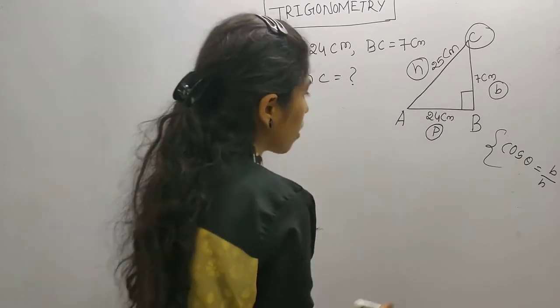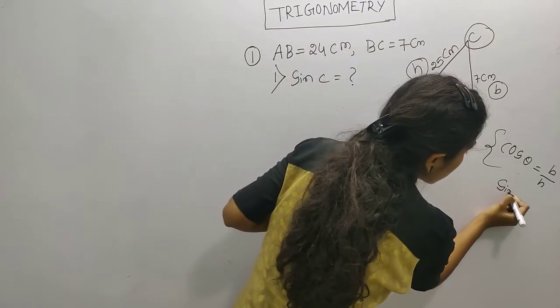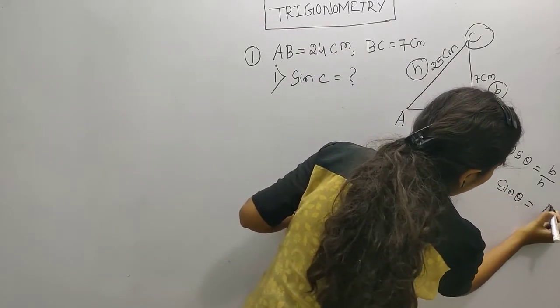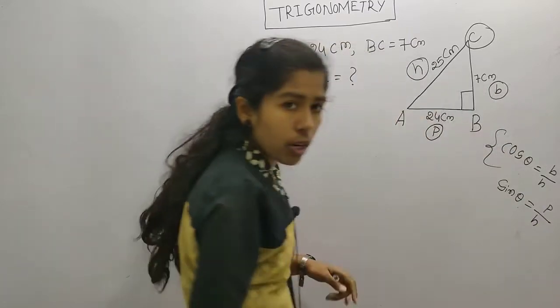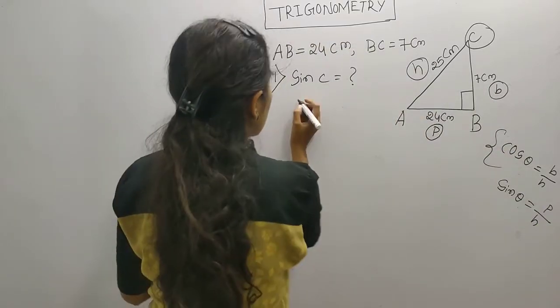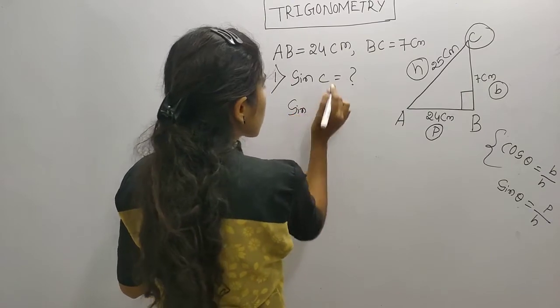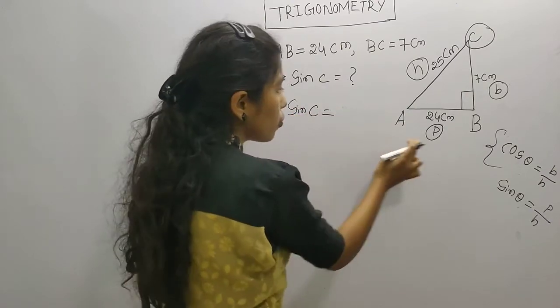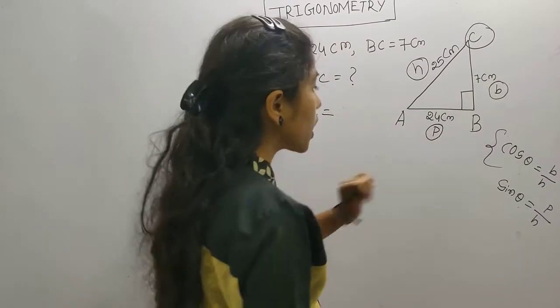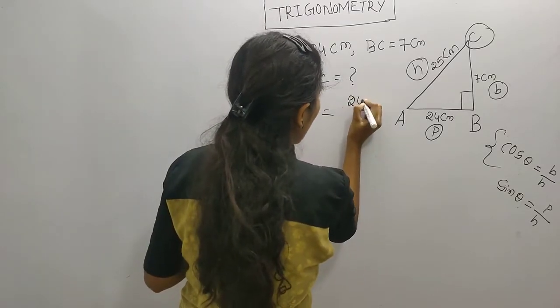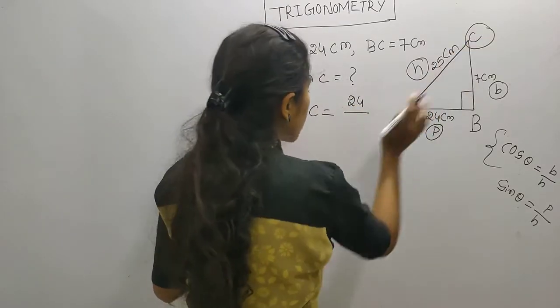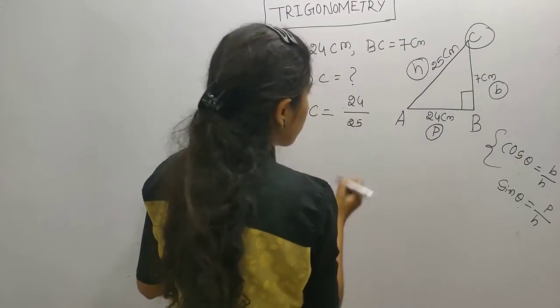So what is the sine theta formula? Sine theta equals perpendicular by hypotenuse, right? So sine C, which is the perpendicular now, students? 24. 24 by hypotenuse, same, 25.